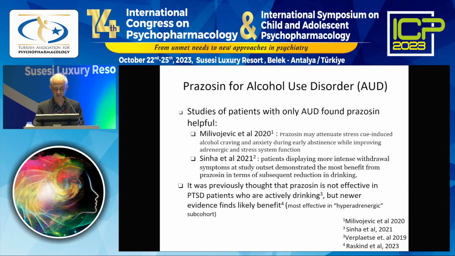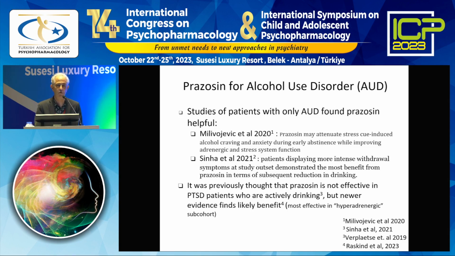Interestingly, previous studies had suggested prazosin is not effective in PTSD patients who are actively drinking now, but the newest study by Raskin and colleagues, just published this year, found significant benefit for the alcohol problem, preventing future and increased alcohol use in the group who had the hyperadrenergic subcohort of PTSD, the ones who had high blood pressure.